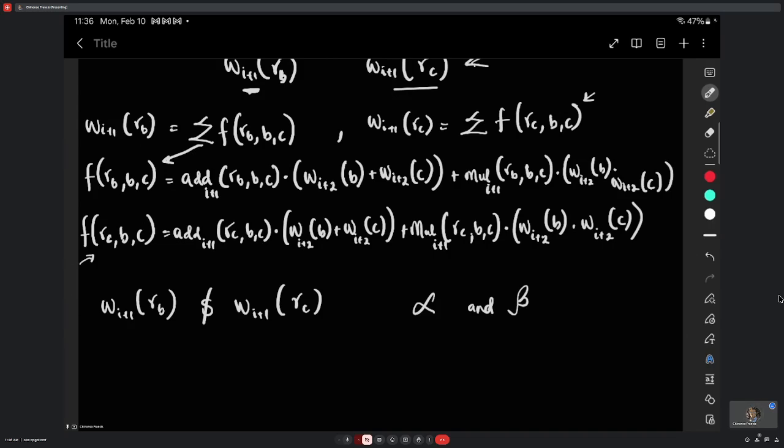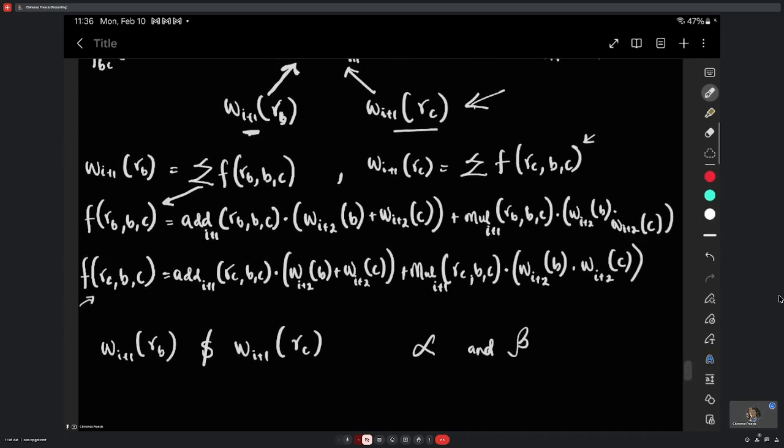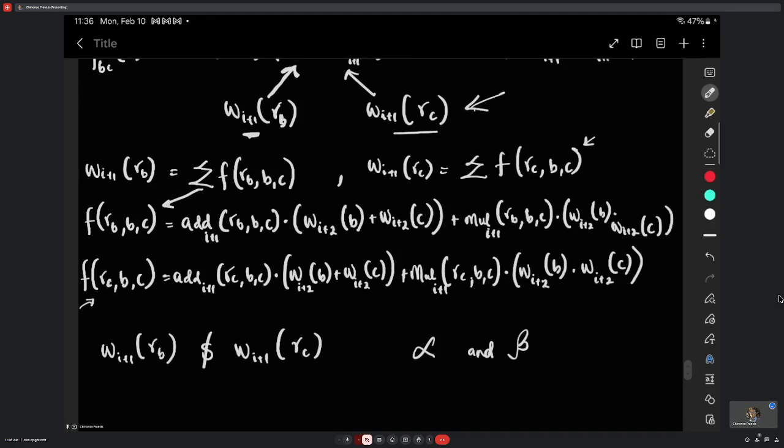So, this W_{i+1} at RB and W_{i+1} at RC. W_{i+1} at RB is this summation F into RB, BC, and W_{i+1} at RC is the summation F into RC, BC.